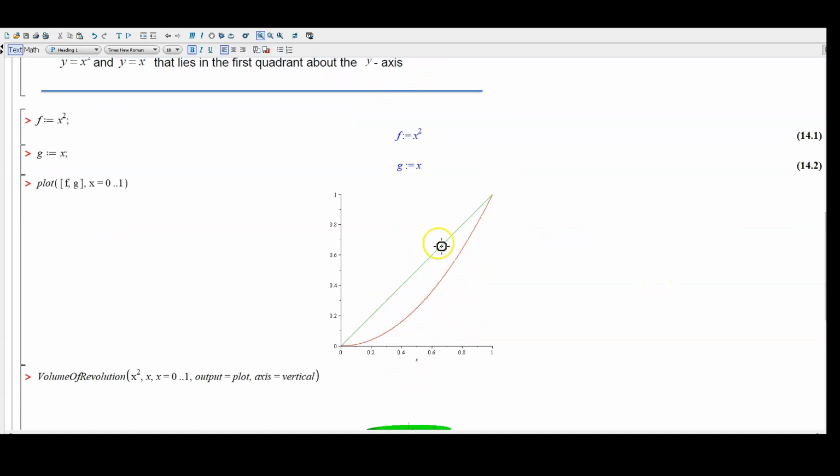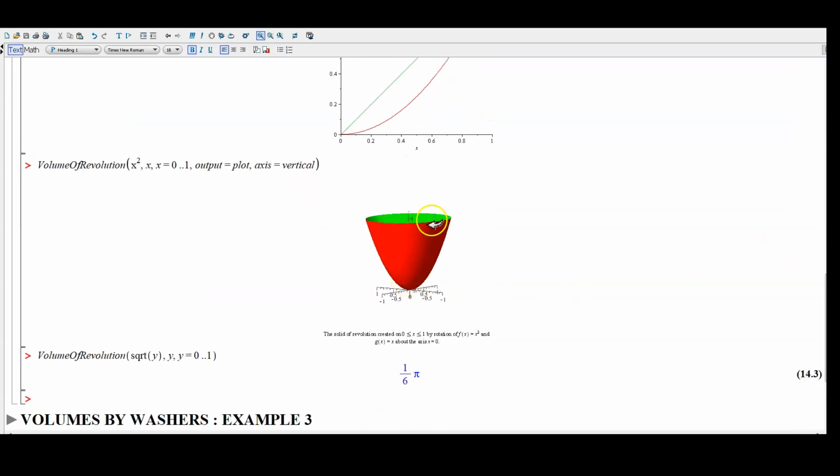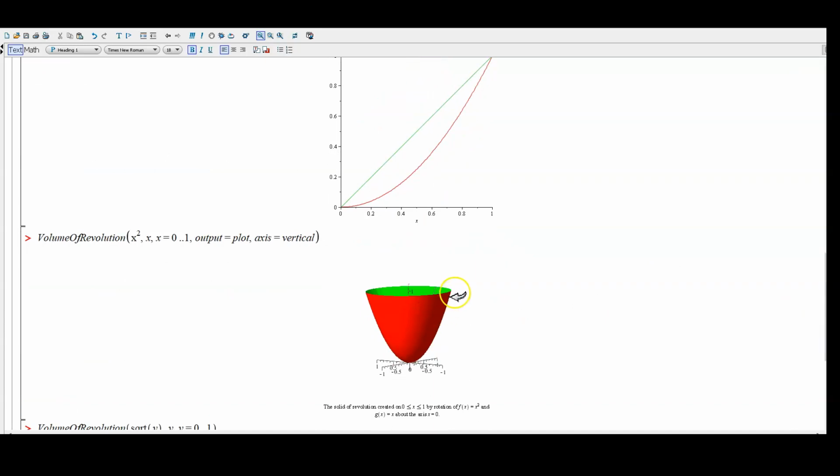This is our region bounded by these two curves from 0 to 1. Then if we revolve about the y-axis, you will have this solid here. Outside you have the y equals x squared function, the parabola.